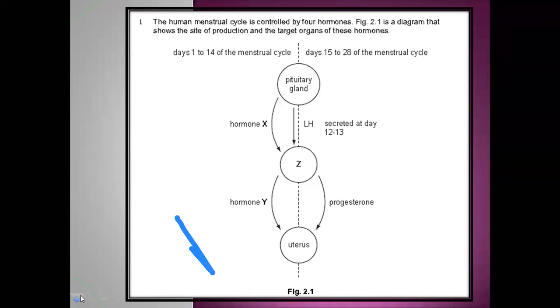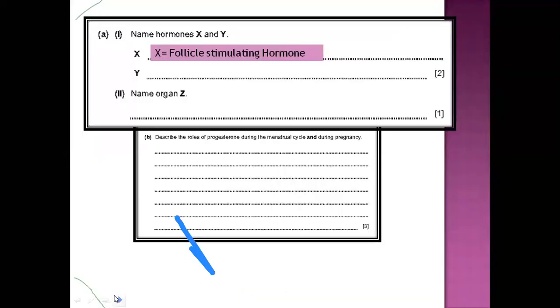Now the answer for Y should be estrogen, right? While the name of the organ, so the follicle stimulating hormone and LH actually stimulate organ Z. Why? Because follicle cells are there in organ Z, and organ Z is the ovary.